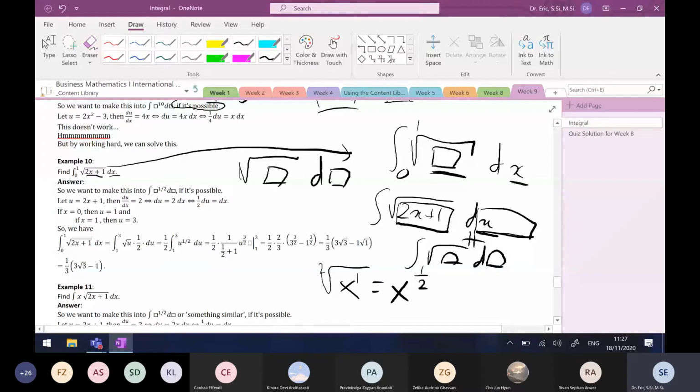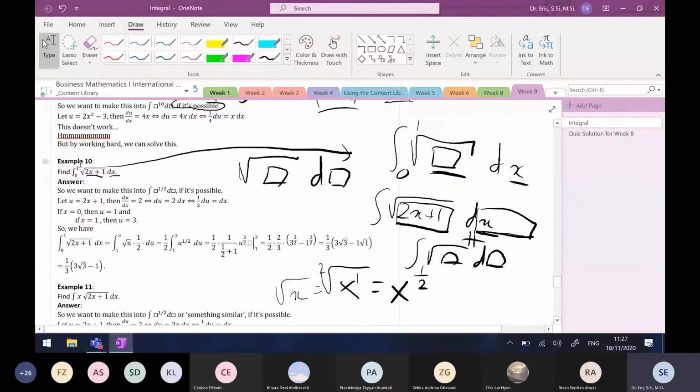So let u equal 2x plus 1. Then du dx, the derivative of u with respect to x, is 2. So you can multiply, and you have du equals 2 dx. So what is dx? dx is a half du. I multiply by a half, so I have a half du equals dx.